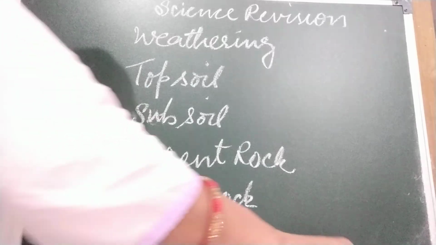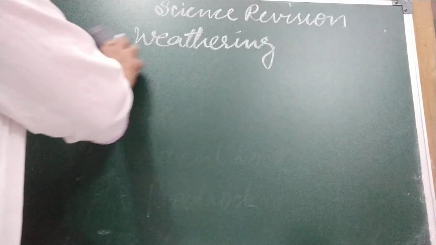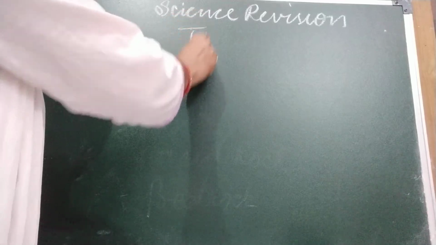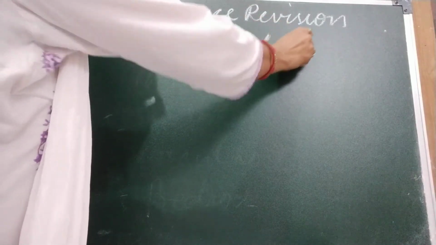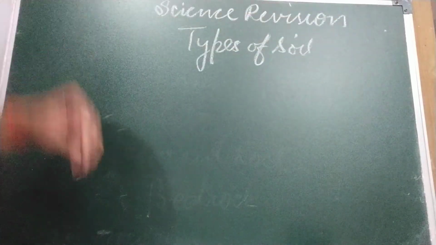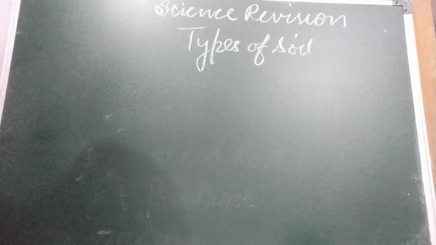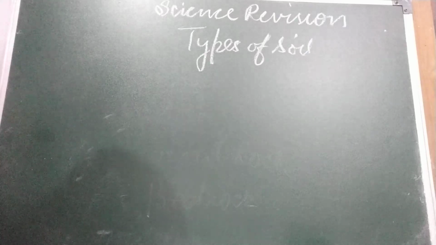Now children, we are going to discuss types of soil. According to the size, we have divided the soil into three parts: clay, silt, and sand.